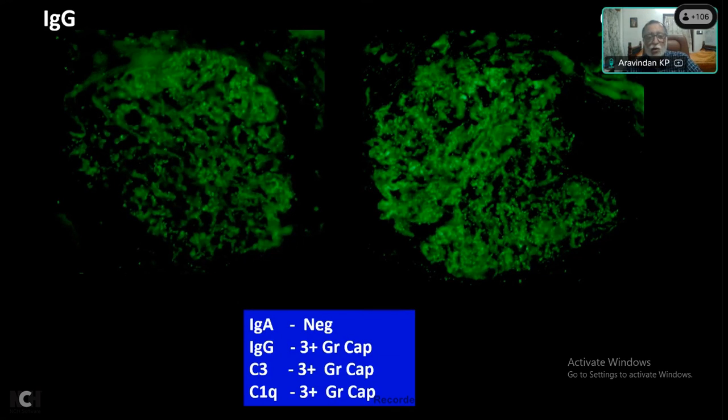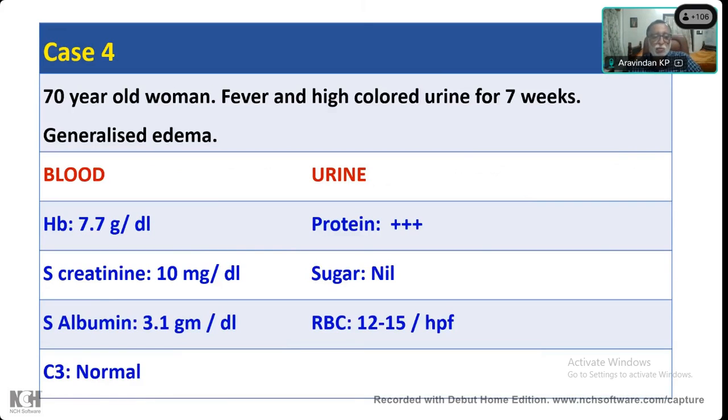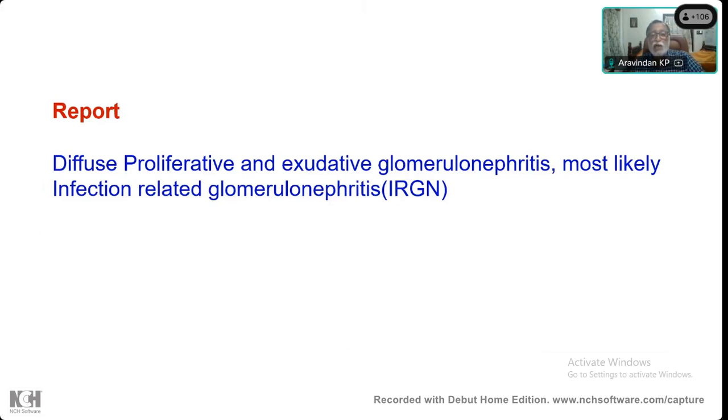So this particular case was diagnosed as diffuse proliferative and exudative glomerulonephritis, most likely infection-related glomerulonephritis, or IRGN, was the report. Of course, the patient would have to be further investigated for the cause, whether diabetes or some other cause. So this is how we would report this particular case. And of course, you would add that there is not much tubulointerstitial damage yet.